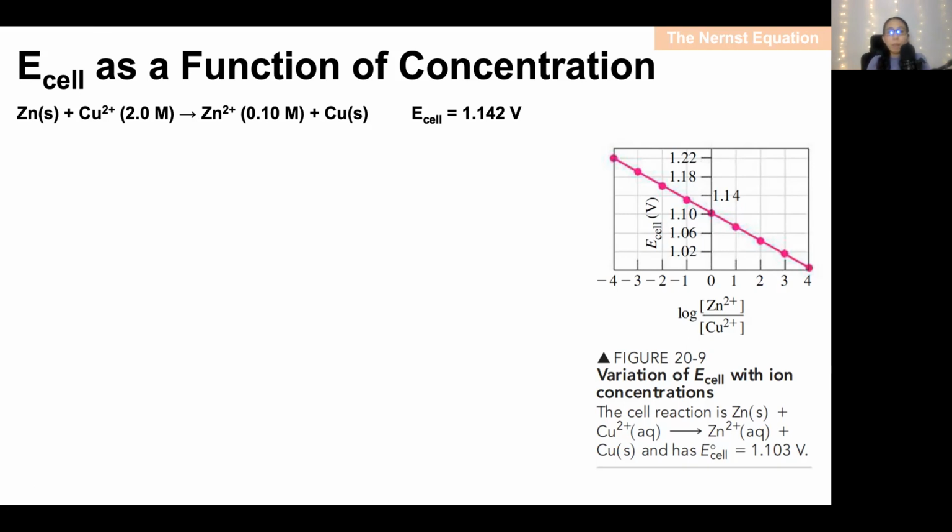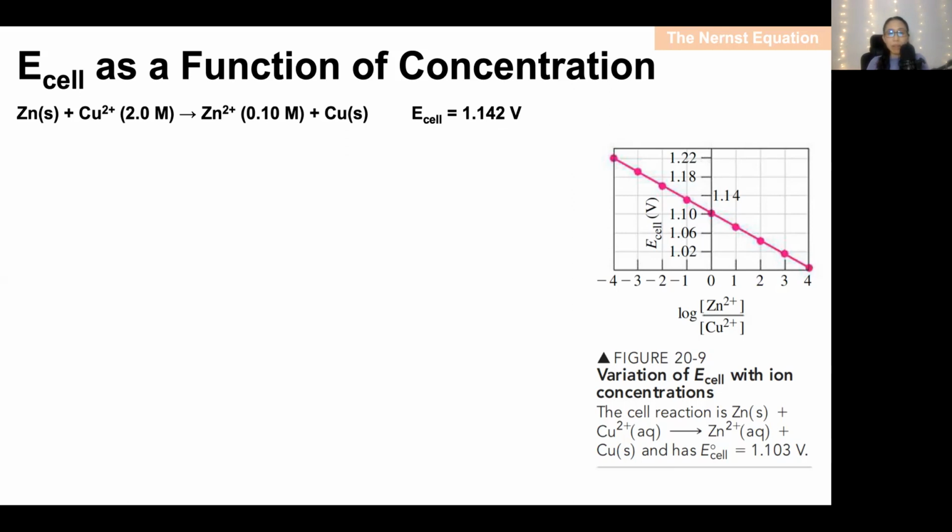But if you change the concentrations of your ions involved in the redox reaction, for example, you used a copper 2 solution with a concentration of 2 molar, and you use a zinc solution with a concentration of 0.1 molar, and you measured the voltage of that cell, you will not get 1.103 volts. So if you use these concentrations, you will get a different measurement of the cell potential.